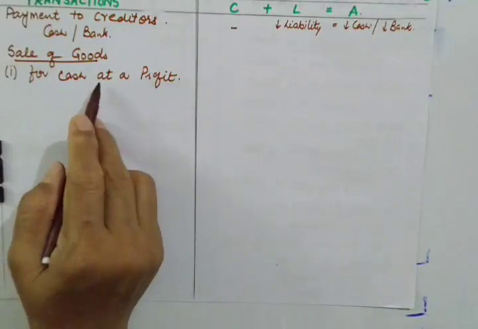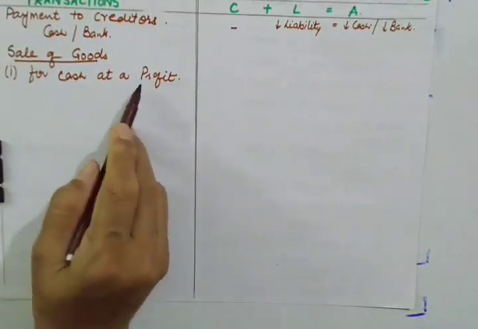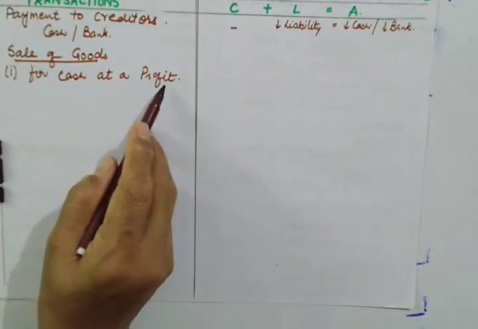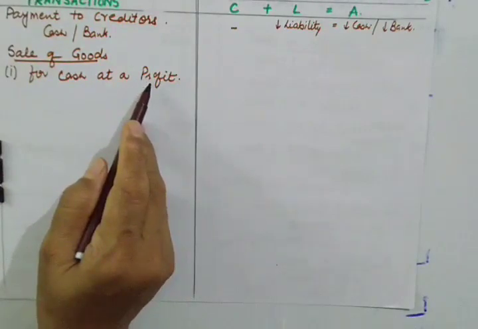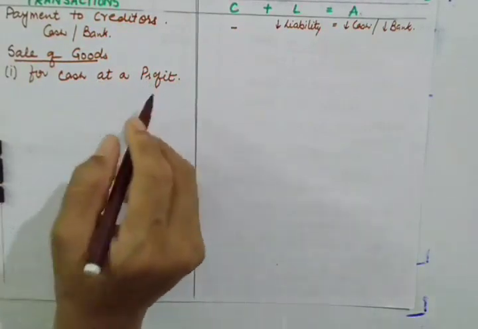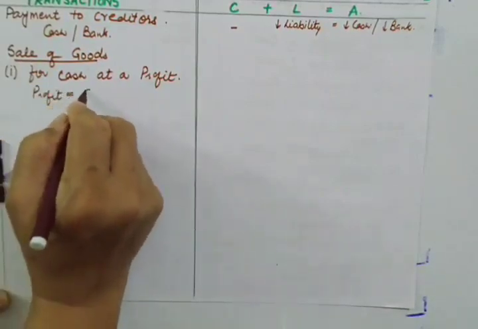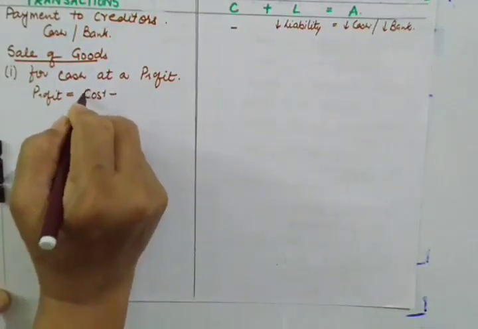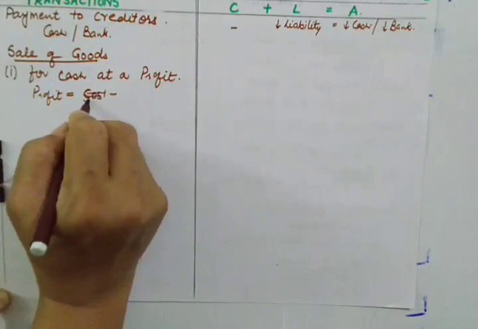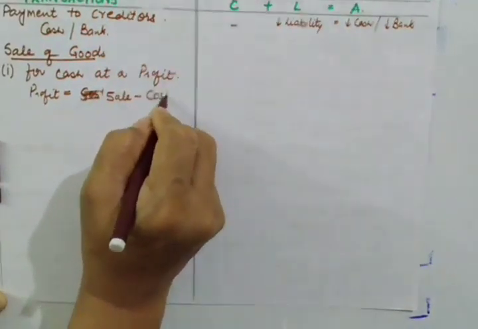What will happen in this case? When you are selling goods for cash at a profit, profit means that you are earning an extra amount over the cost price. So when you define your profit, we write profit like this: sale minus cost.